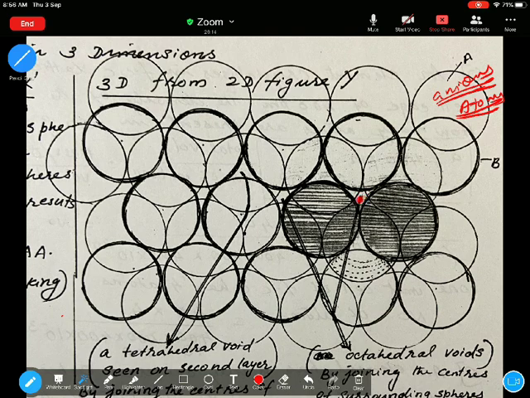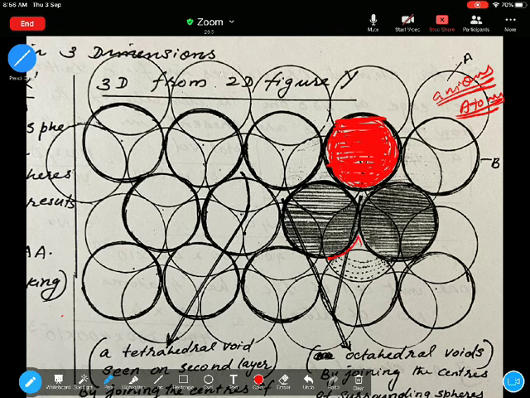Now, consider this ball as the upper ball. I am going to shade that. This is the upper ball. And one I am going to shade, that is the down one.